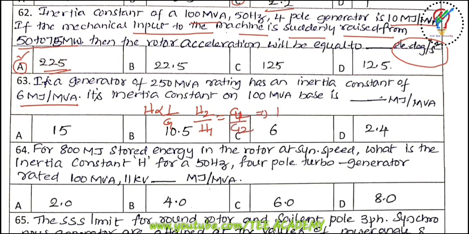So H2 is equal to G1, which is 250, divided by the next rating 100, into 6. So we get the answer as 15. And the next question here.